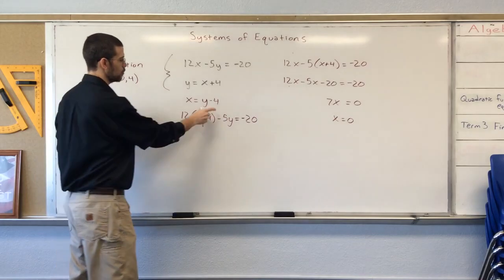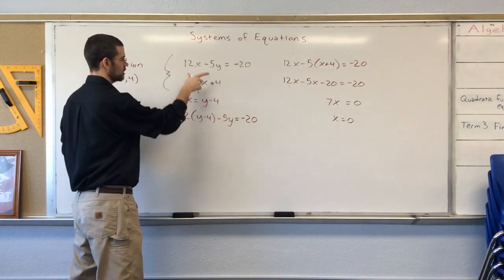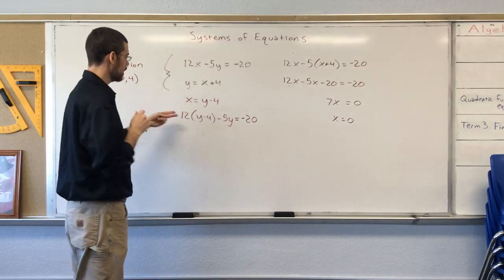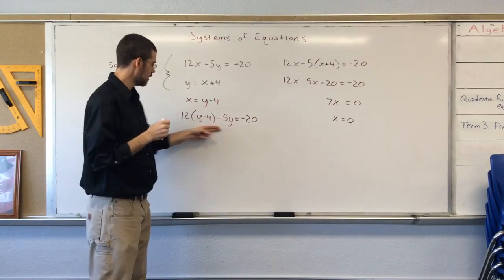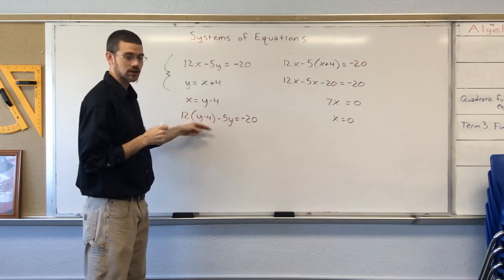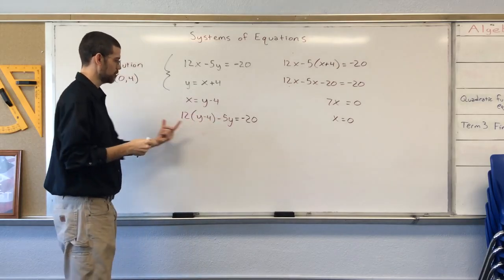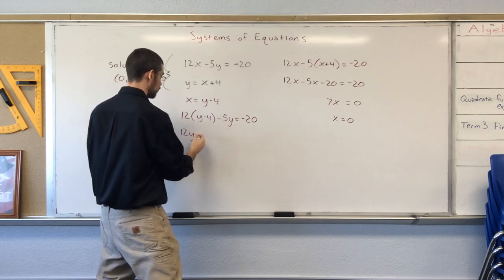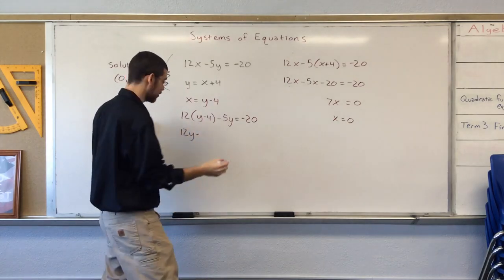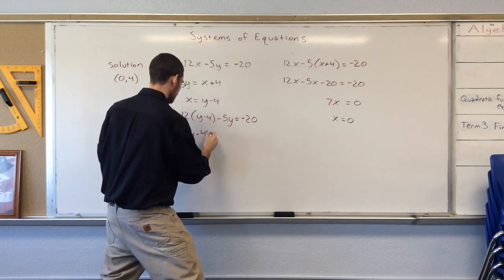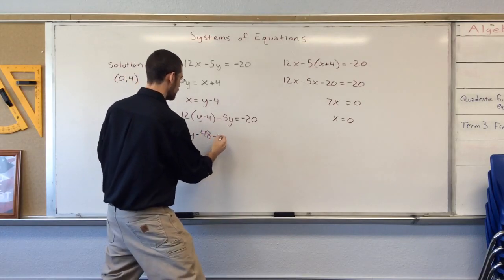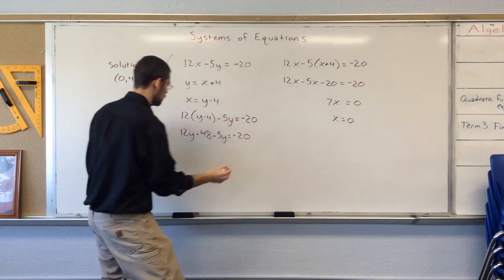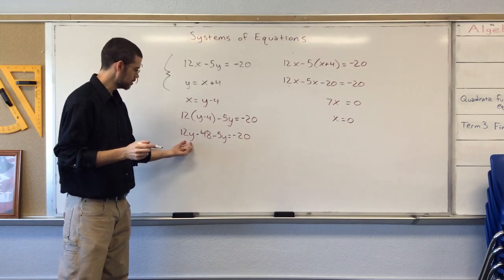Okay, so we substituted y minus 4 for x in this expression and wrote the rest of it just as it is. Now we can solve because we have an equation where we have a single variable. So again, we'll distribute 12, 12y, 12 times negative 4 is negative 48, and then minus 5y equals negative 20.